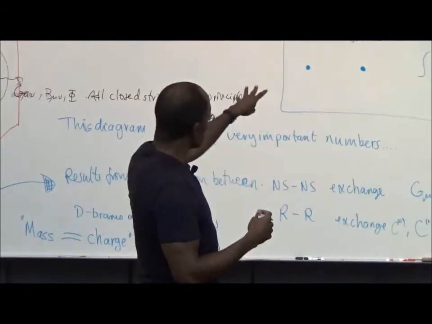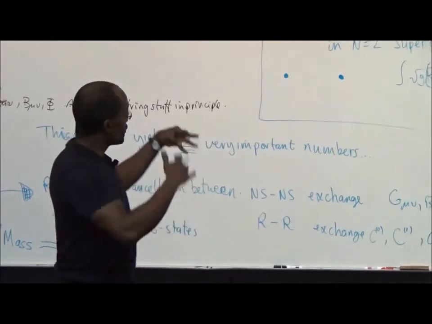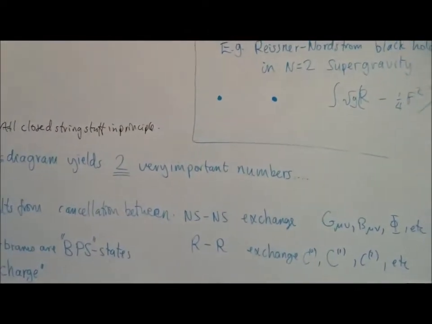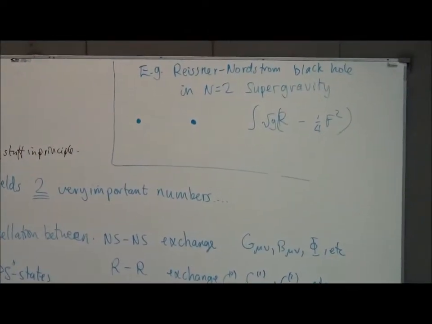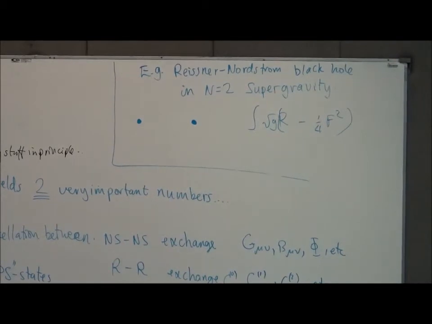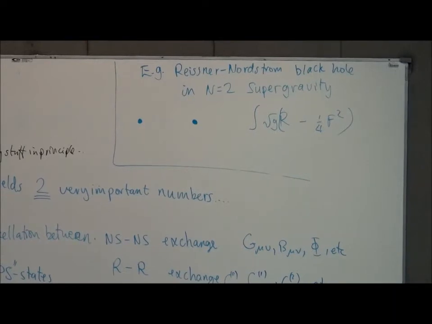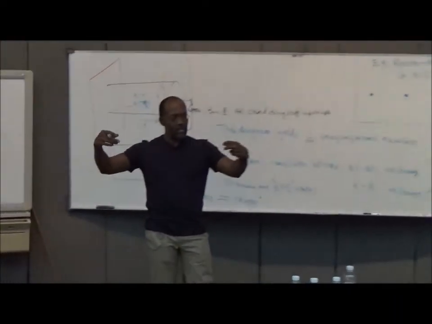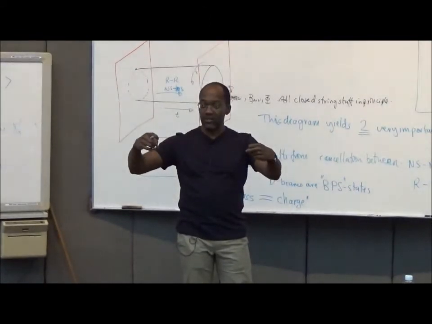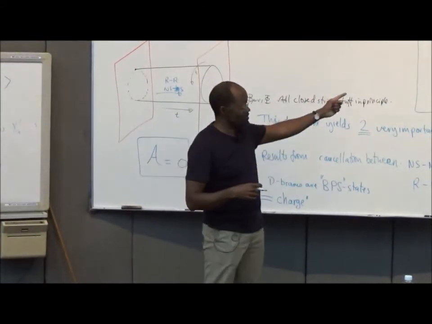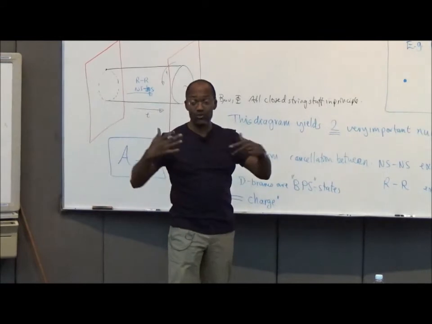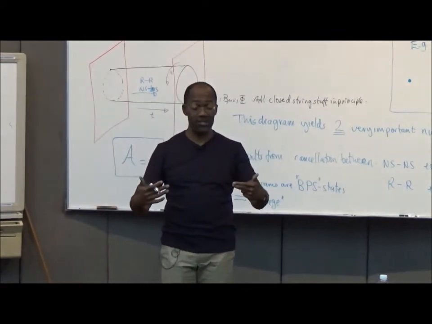Now, when embedded in that theory, the units work out such that precisely when they are Reissner-Nordström black holes, those things exactly cancel. So another way that people talk about BPS states is that there's a no-force condition. The exchange due to the gravity sector cancels the exchange due to some sector that they're charged under.